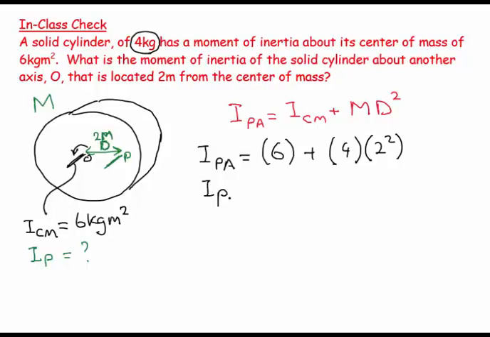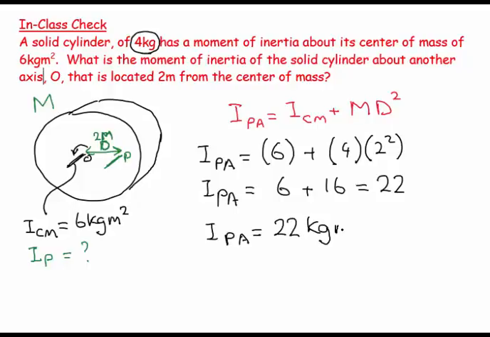So I have 6 plus 4 times 4, which is 16, which equals 22. So the moment of inertia of my object about this new axis is equal to 22 kilogram meters squared. Quite a difference when you think about it.